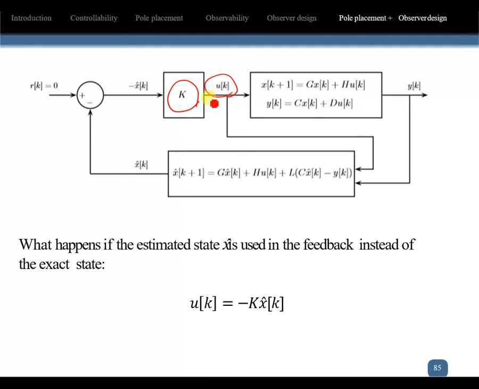This is the observable and the controllable, and you can find K and L. Here there is a question: what happens if the estimated state x hat is used in the feedback instead of the exact state? If I use the feedback of x hat(k), then u(k) will be minus K x hat(k).